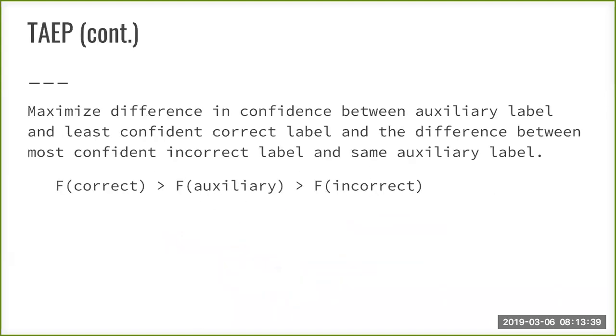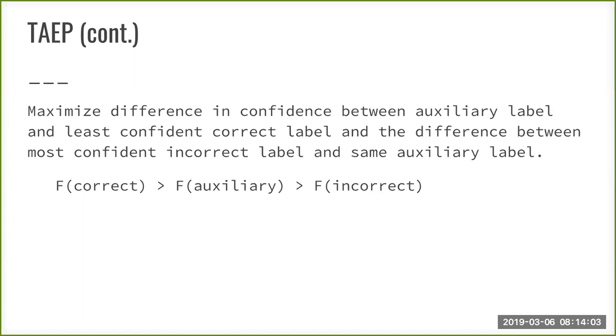So during the training, they basically have some margin of the confidence. They would calculate the confidence on all the labels that this image classifies into, and then they would pick the one with the smallest confidence.